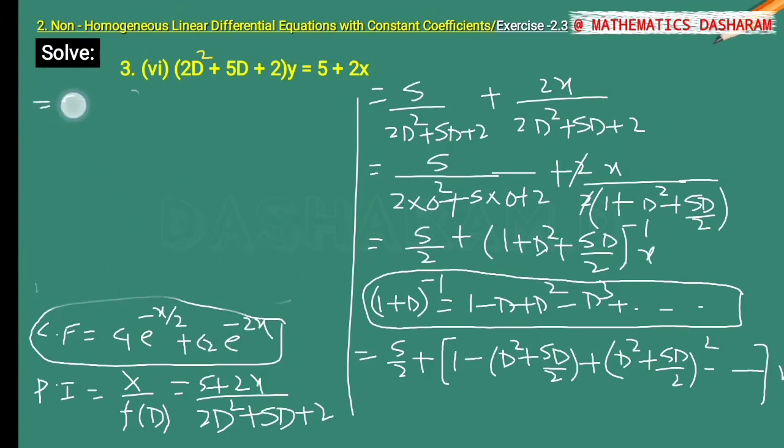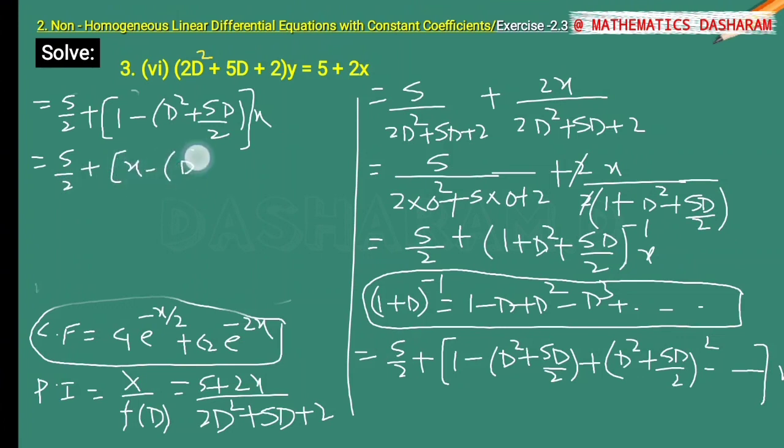So it is equal to 5 by 2 plus, here ignore the higher two derivatives, so only (D square plus 5D) by 2 into x. Now x multiply inside, so x minus D square x plus 5Dx by 2.